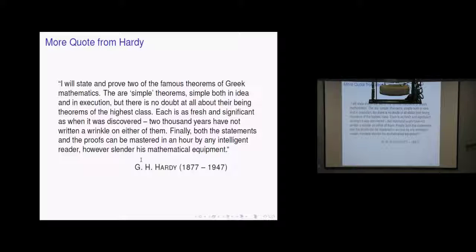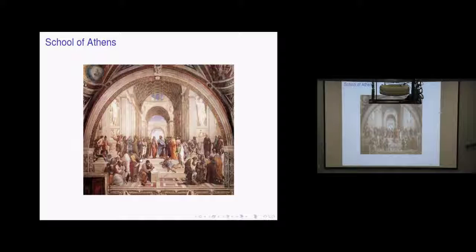Okay, so we are going back to Greek times. This is a famous painting by Raphael, right? It's in the Vatican. This is School of Athens. There are lots of famous Greek philosophers and mathematicians here. This is Plato.